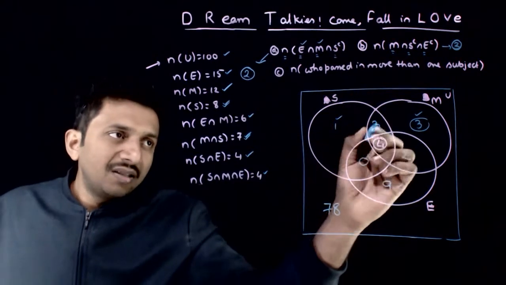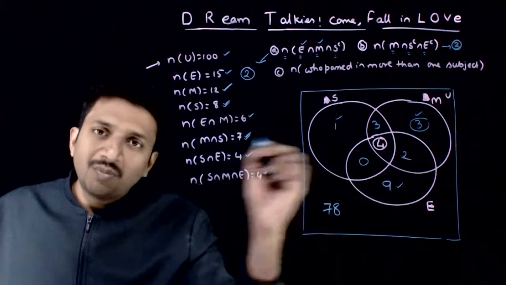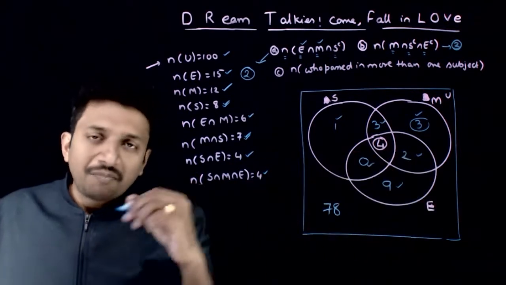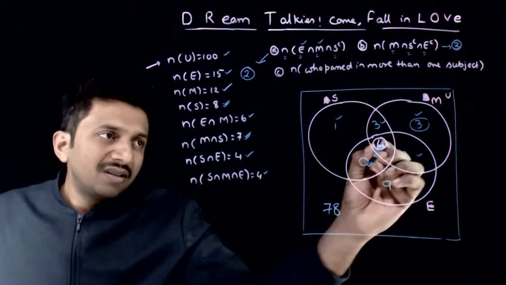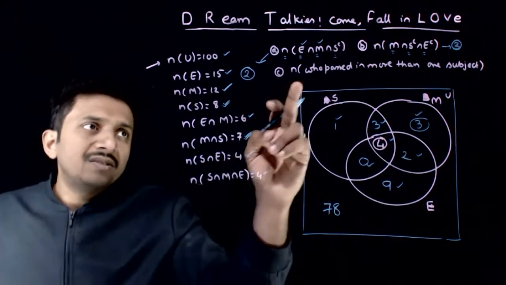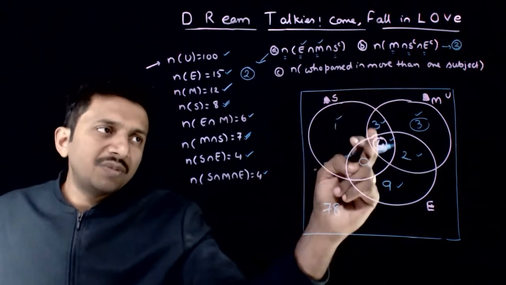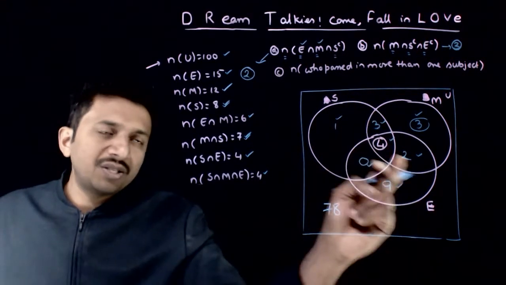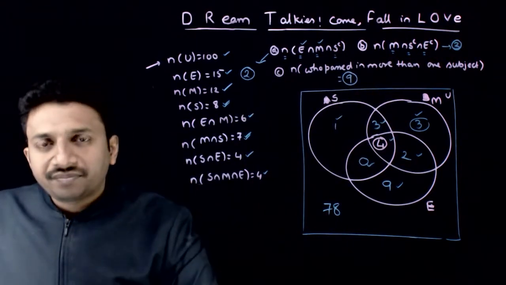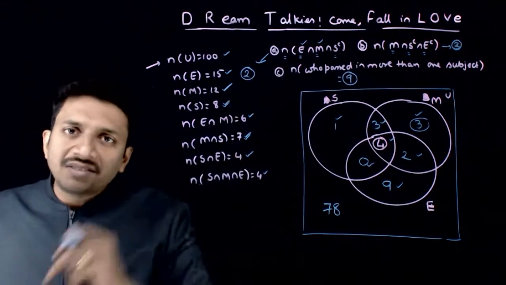That means the intersection students have passed in more than one subject. So this and this region have passed in exactly two subjects. This region students have passed in all the three subjects. So the number of students who passed in more than one subject will be 4 plus 3, 7, plus 2 is 9. So this will be equal to 9. So these will be the answers to these questions.